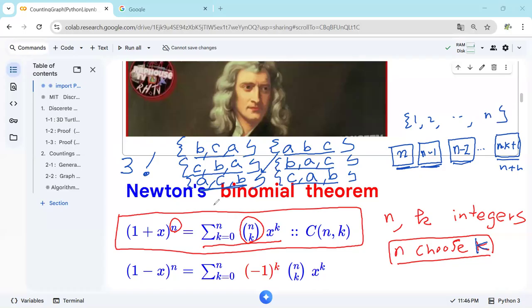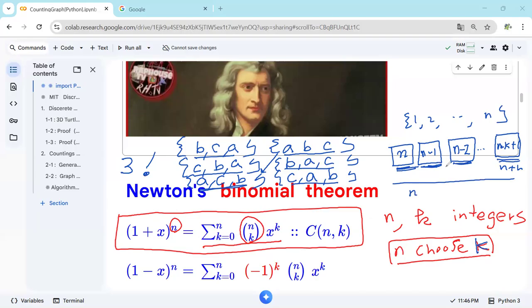So if the order is involved, there are n times (n minus 1) and so on selections. If we ignore ordering, then this must be divided by factorial.